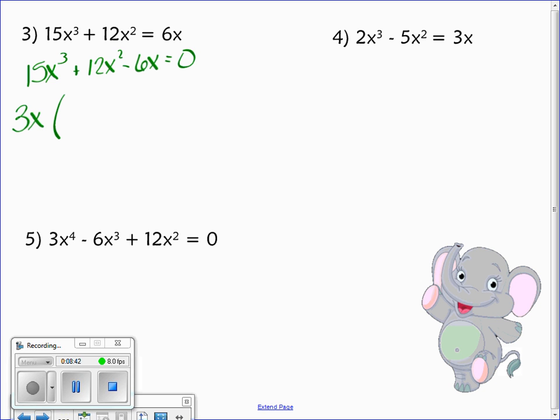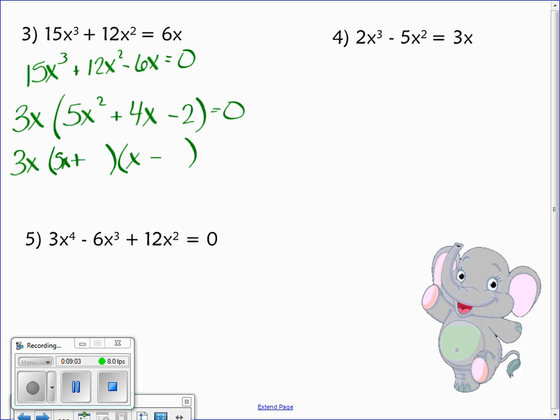Okay, so we have x squared, 4x. Good. Okay. Signs. Options for A, 5x, 1x. Options for C. You want to go 2 and 1?